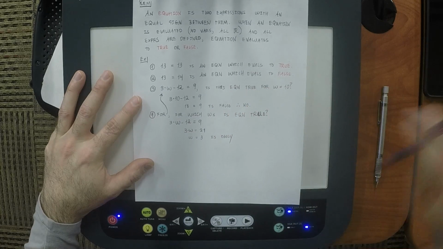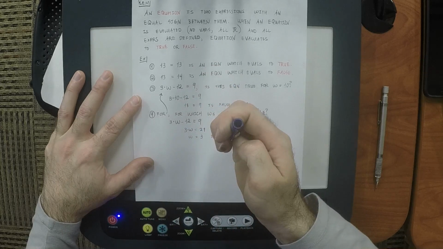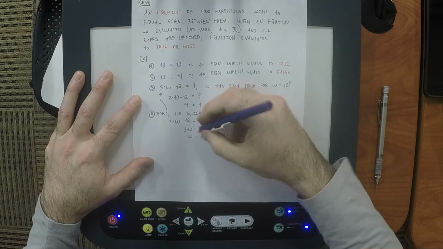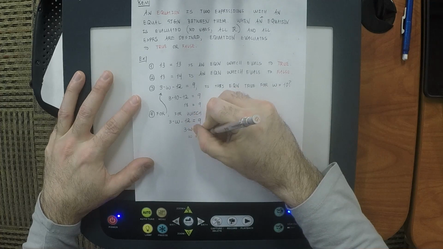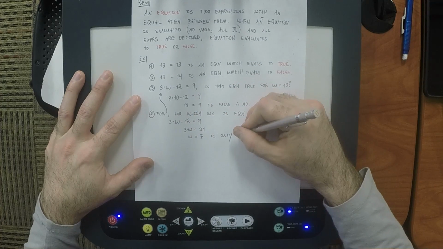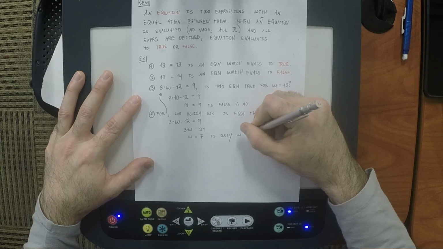Thank you. I'm not sure what my brain was doing. I have no excuse. My brain was temporarily not present. So W equal to 7 is the only W for which the equation is true.